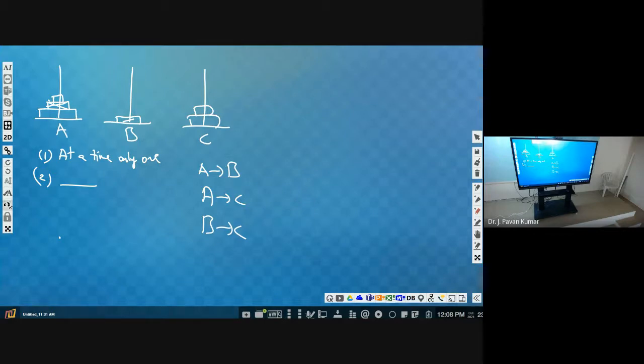Is it possible? Small box. Okay, then A to B, where it is empty now. Then C to A, where it is empty. Small box will come in. Here we are having 2. After that, C to B. Okay, C to B. Then small will come.